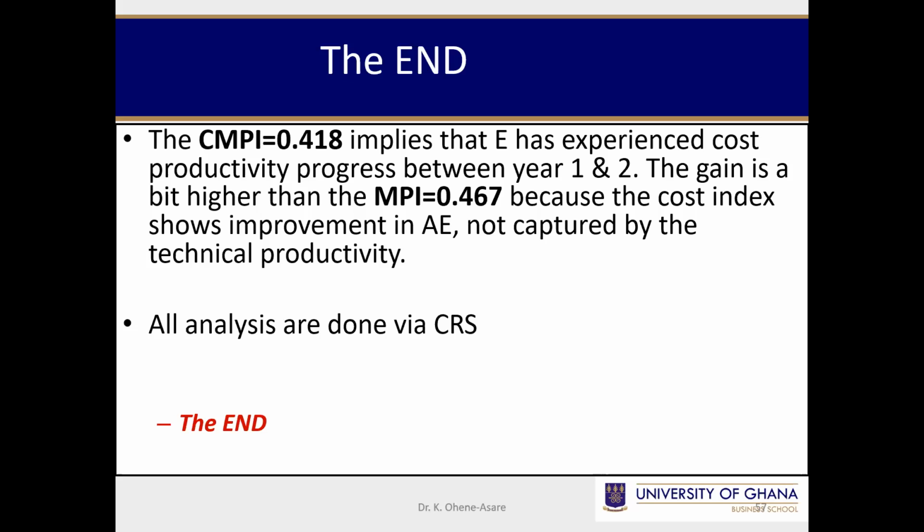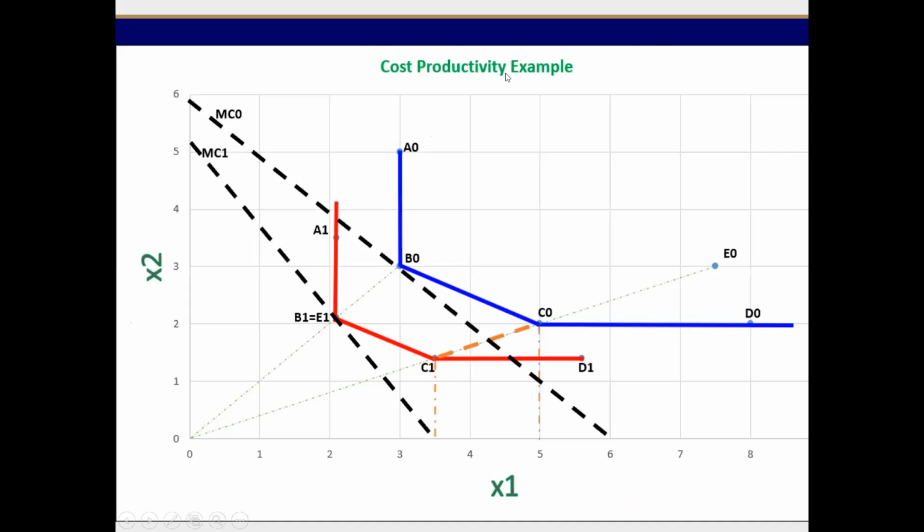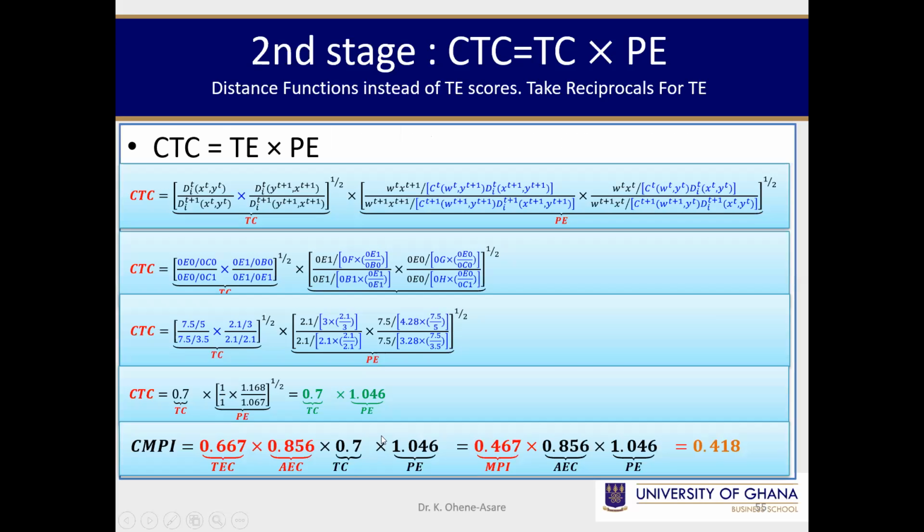So one extension you can do is to do the whole analysis using VRS. Now, using VRS simply means that, of course, you have to go and get intuition before. Using VRS means that your technical efficiency, the TEC and the TC, will remain. It will not change. Okay? It will not change.